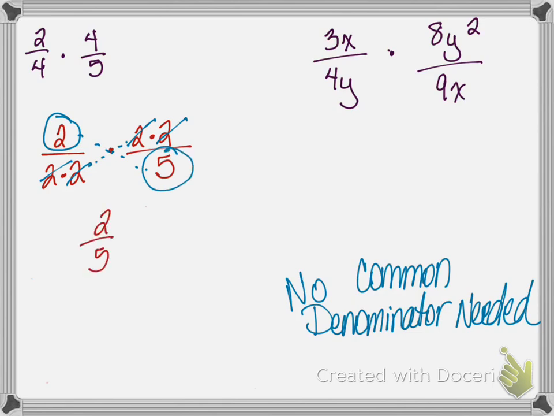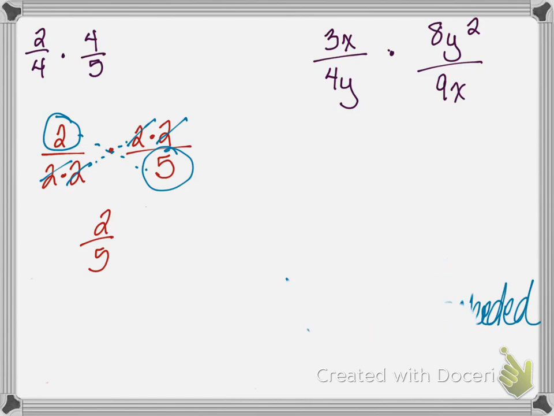Now, many of you would have probably just canceled the 4s from the very beginning, and that's okay. You're thinking about that correctly if you just cancel the 4s from the very beginning. The issue is that we are about to really start using variables in this. And so you're going to want to do the prime factorization and you're going to want to factor because that's going to be more helpful.